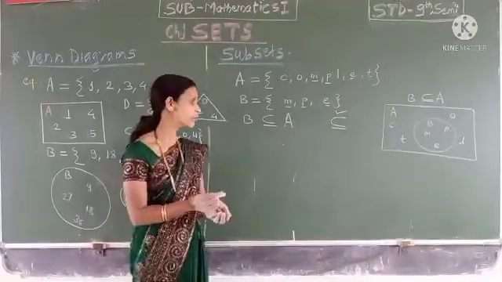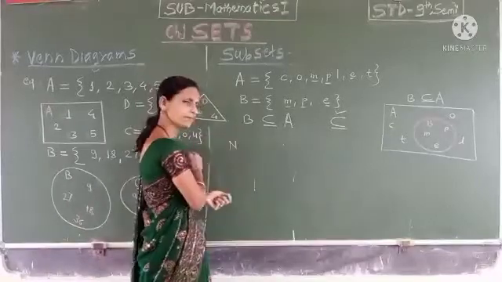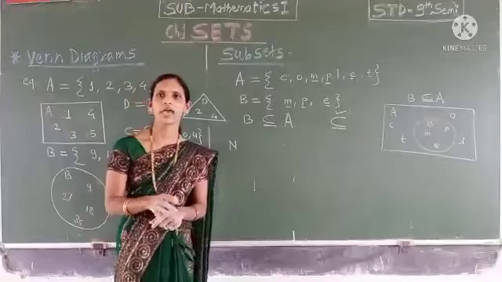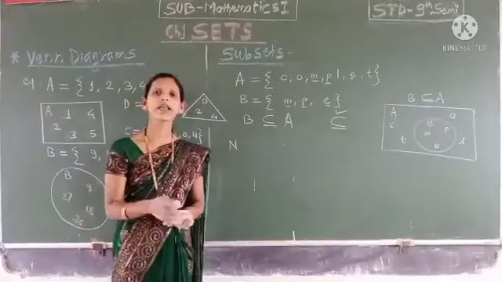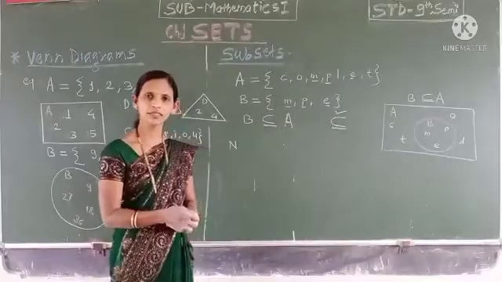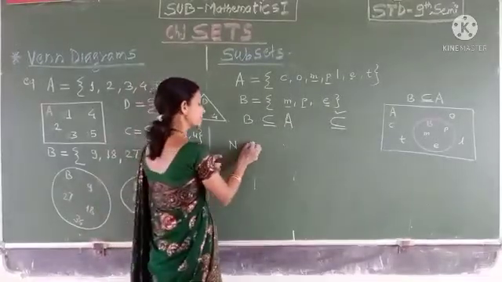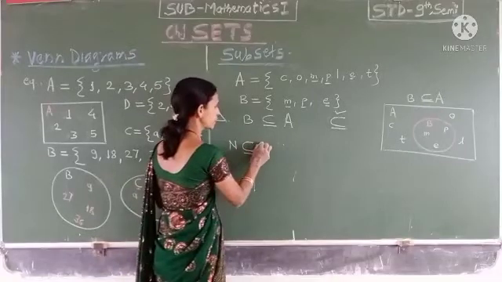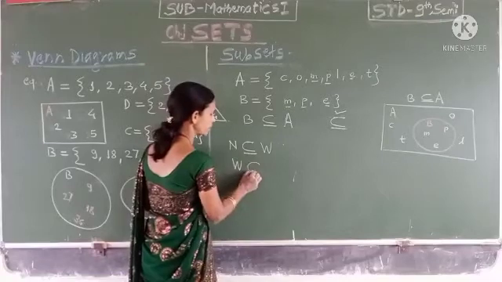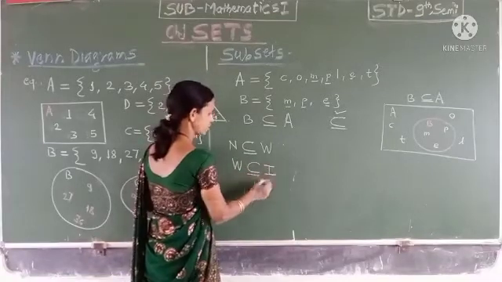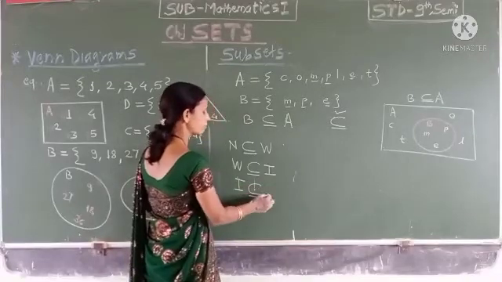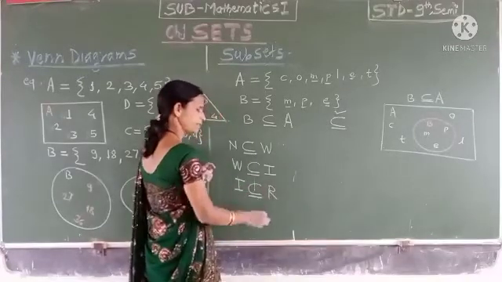All of you studied about the natural number set, whole number set, integer number set, real number set, and rational number set. Now observe these number sets. See here, the natural number set is a subset of the whole number set. The whole number set is a subset of integers. The integer number set is a subset of the real number set.